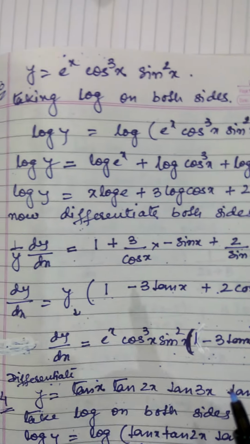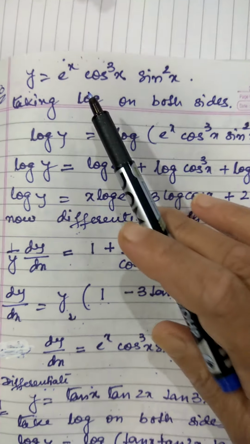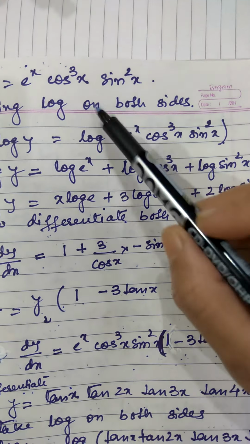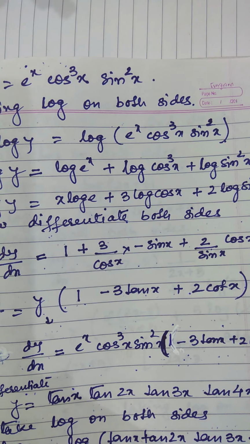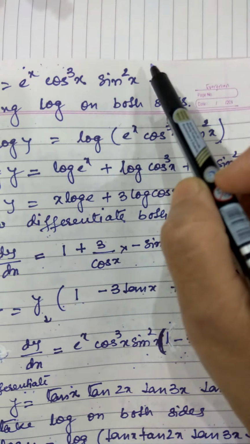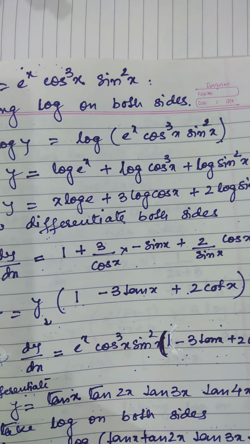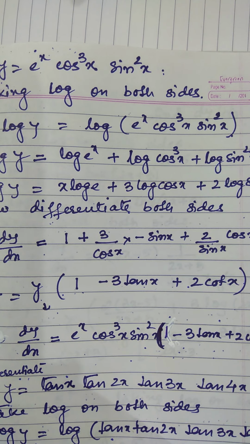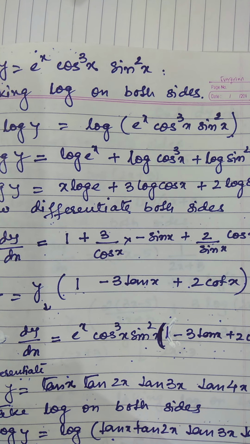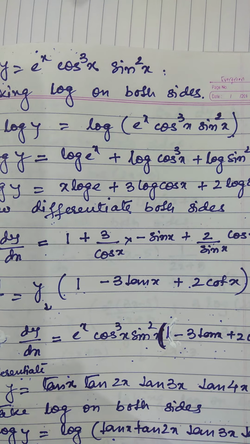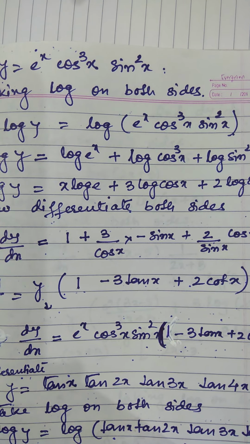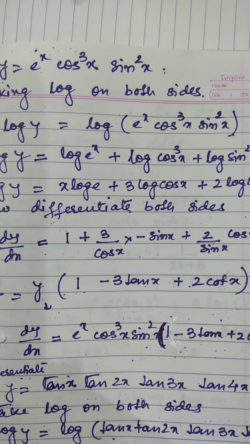Now here you see we have got a product of three functions, and here we also have a function of a function. First function, second function, third function. It is complicated to apply the product rule and chain rule and then find dy by dx, but logarithmic differentiation makes it easier.